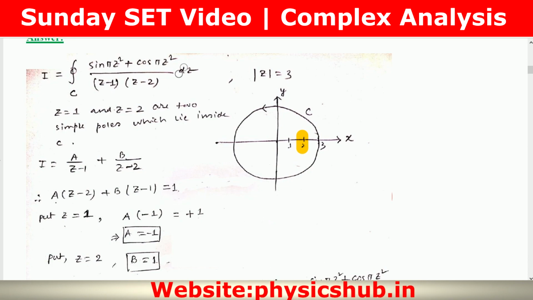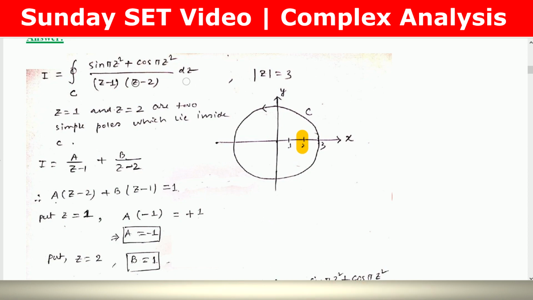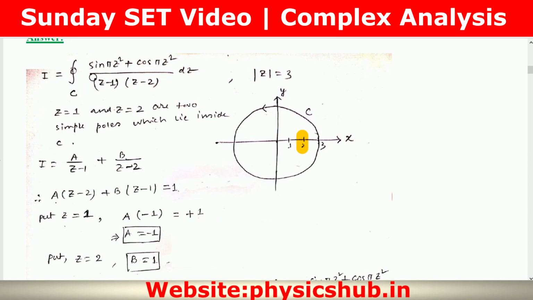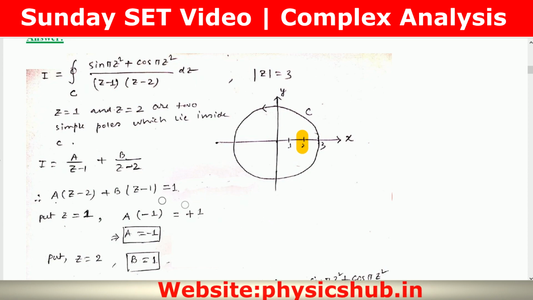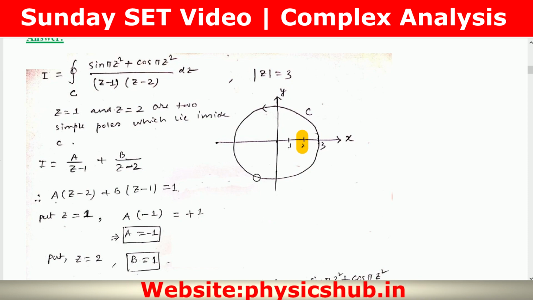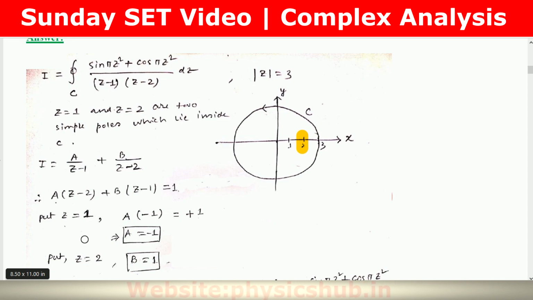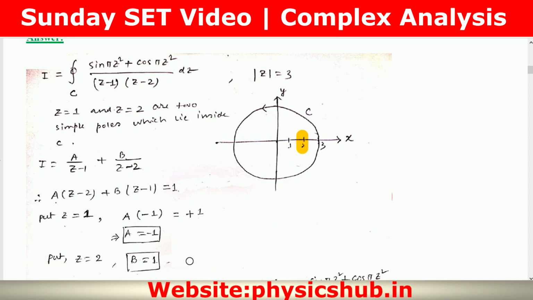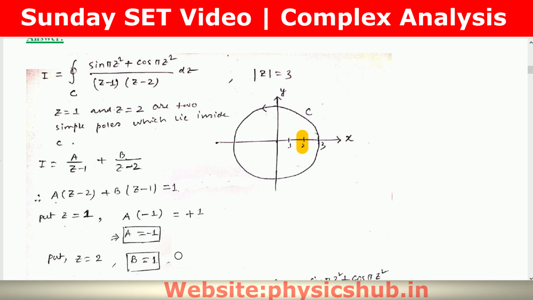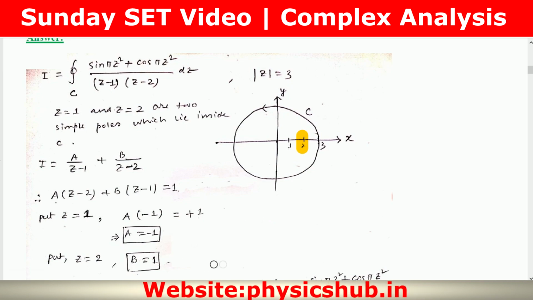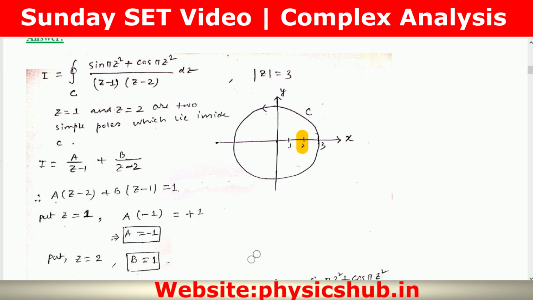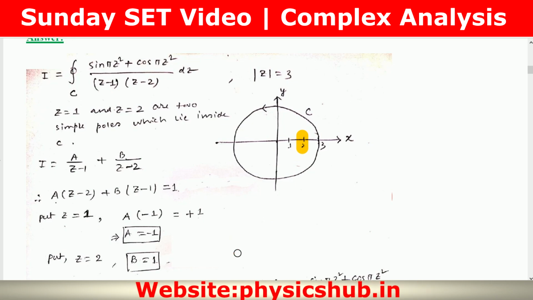We are keeping the numerator term aside, so we are equating it with 1. So first we put z equals 1 and we get the value of a equals minus 1, and by putting z equals 2 we get the value of b equal to 1.